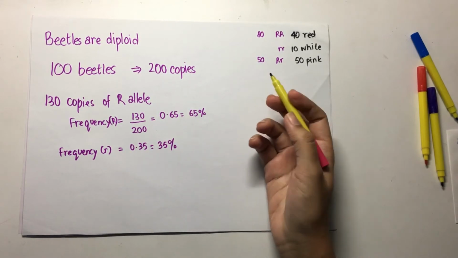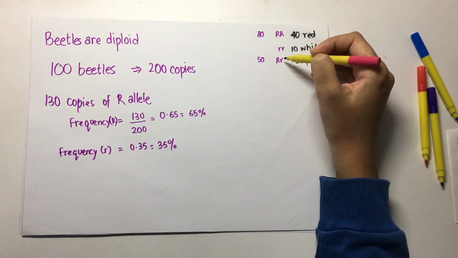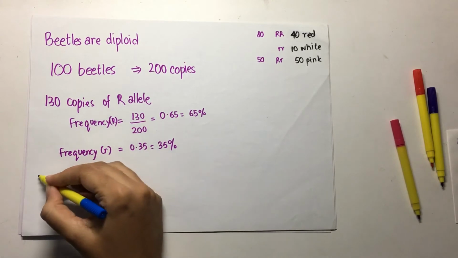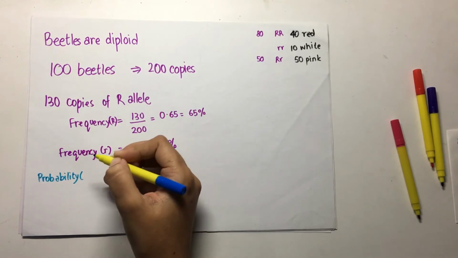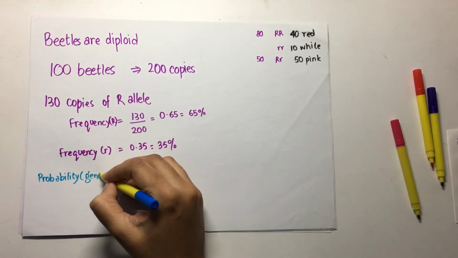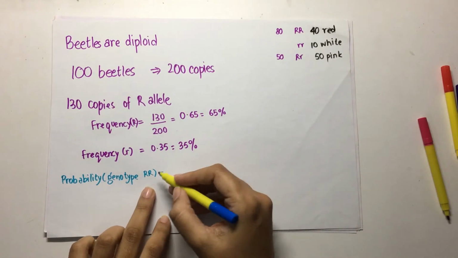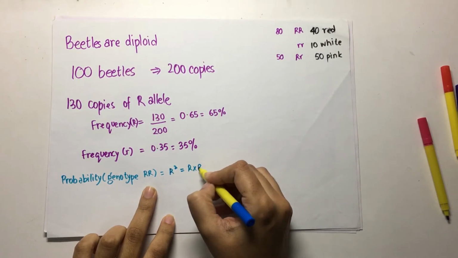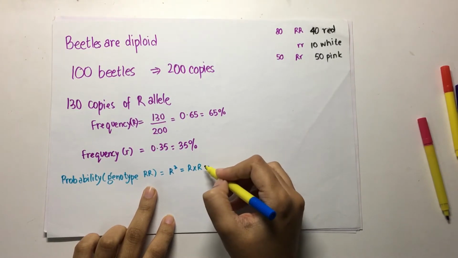Now, what are the possible genotypes that we talked about? It is big R big R, big R small r, and small r small r. So let's try to find the probability of getting those different genotypes. Let's talk about the probability of getting genotype big R big R. The probability will be R squared, that is R times R, because for the two places we're going to have the same big R allele.